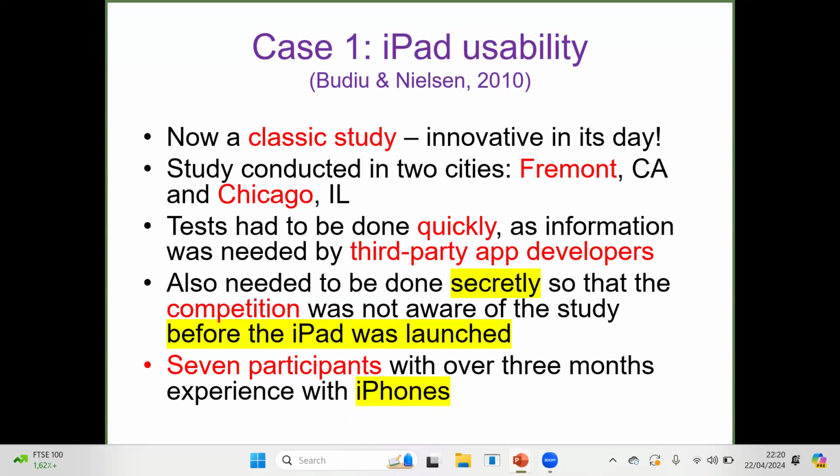The test had to be done very quickly as the information was needed by third-party app developers. It also needed to be done secretly so that the competition was not aware of the study before the iPad was launched. So you are trying to evaluate the usability of a digital product even before launching it.